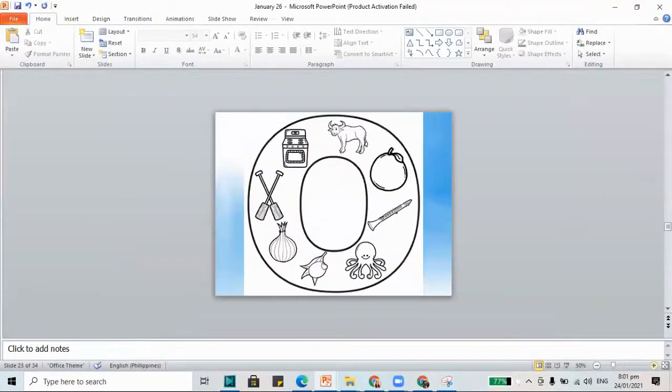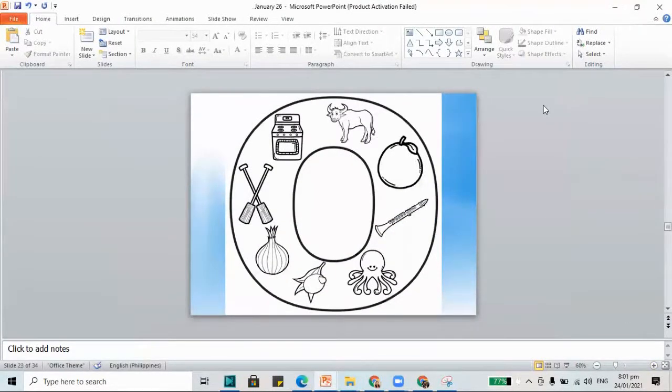Oops. We have here things that begin with the letter O. What are the things that begin with O? The ones with the O sound. O is for the ox. O, ox. O is for the orange. O, orange. O is for the O. O, o. O is for the octopus.